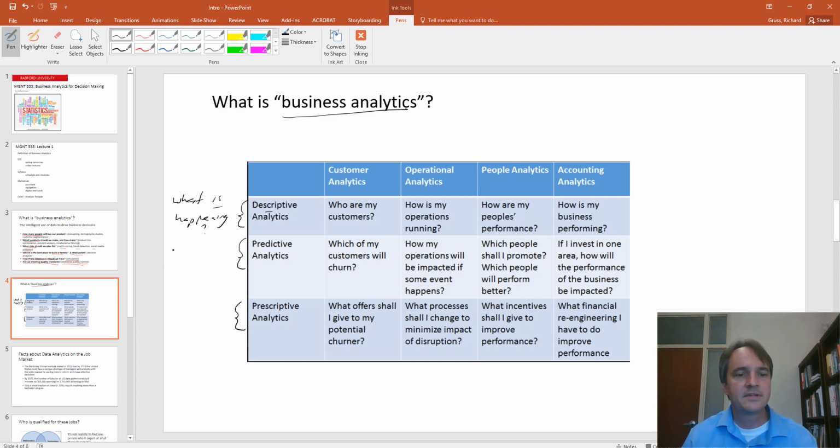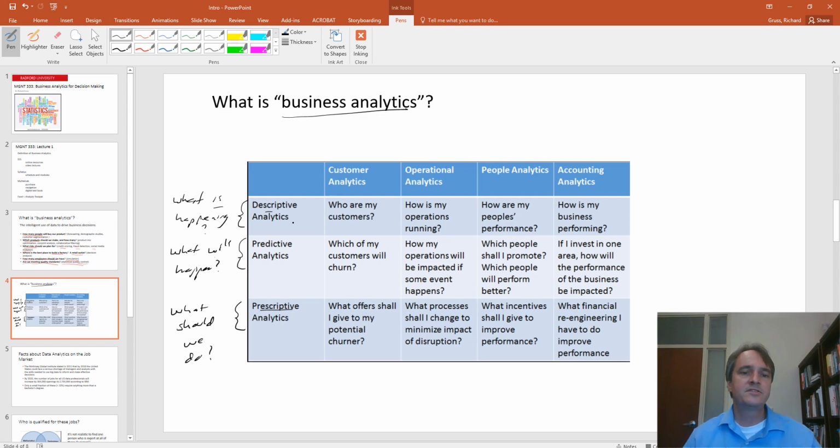Predictive analytics is trying to answer the question, what will happen? And prescriptive analytics tools are trying to come up with recommendations. So this is answering the question, what should we do?